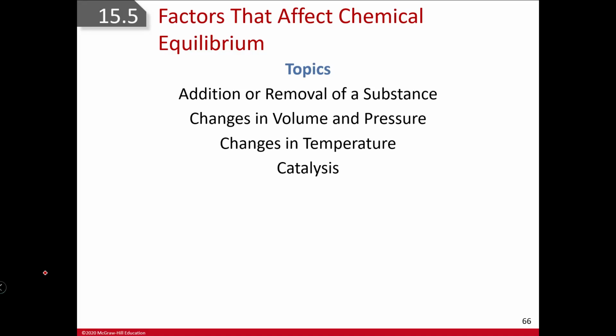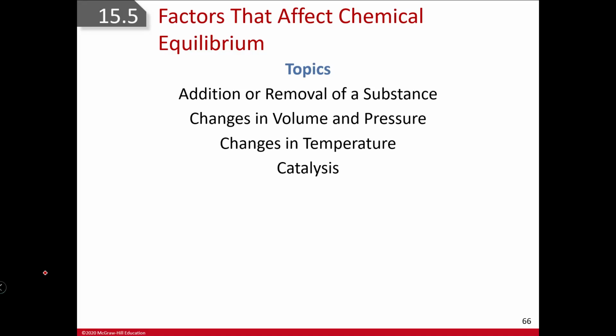So, everything we've talked about in this chapter is about definitions, applications, different ways of manipulating the equation and how that affects the equilibrium expression. And then doing ICE tables, initial, change, equilibrium, plugging that in to find equilibrium concentrations, reaction quotient. All this stuff is what chapter 15 is about.